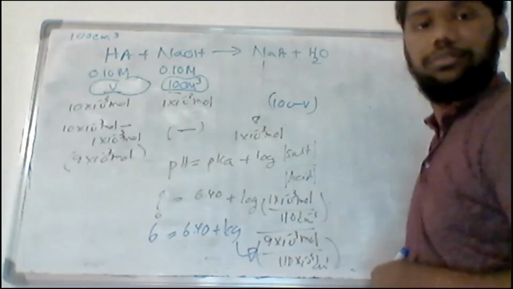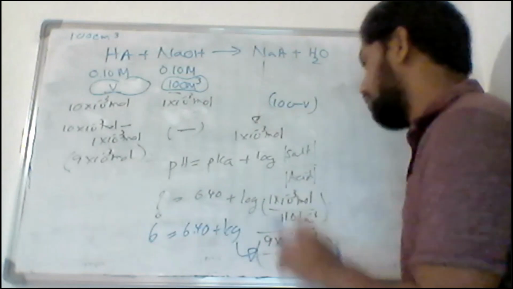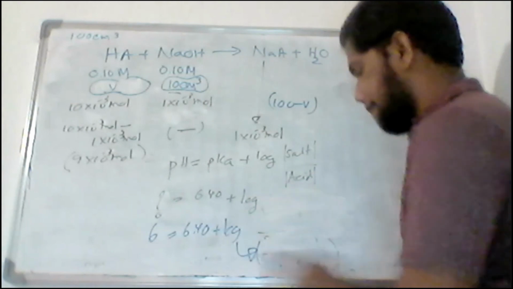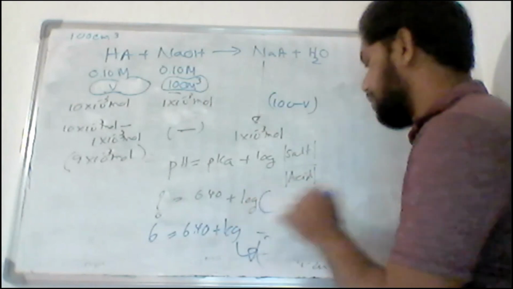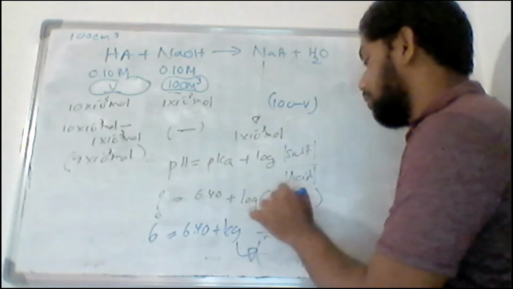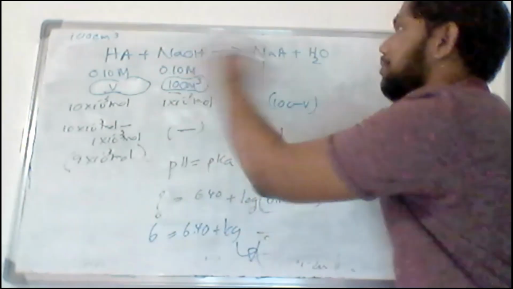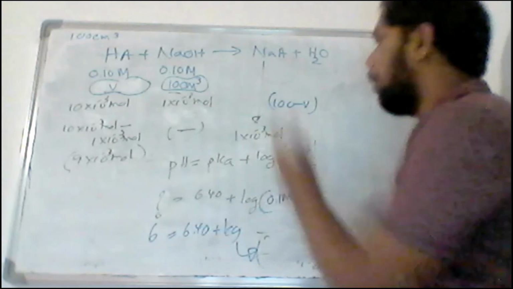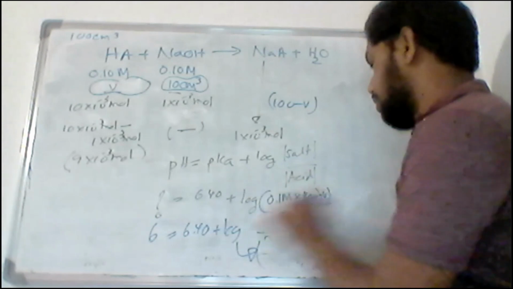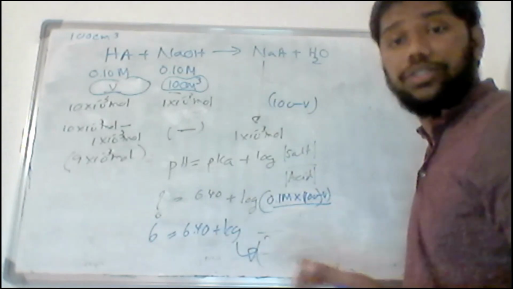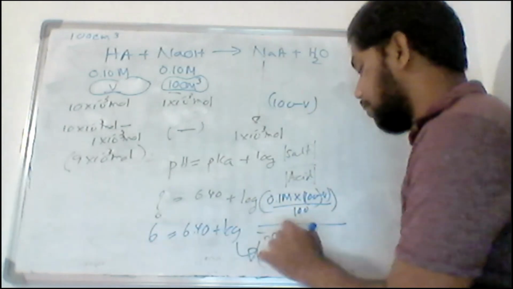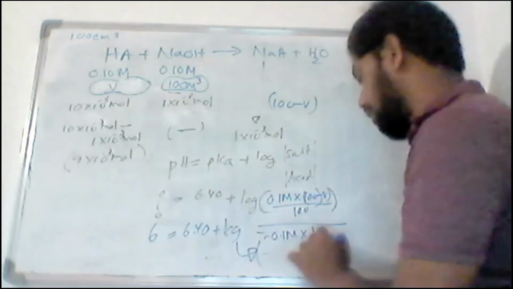Okay, so if I put that here, my salt concentration in this equation will be the concentration of the salt, which is still 0.1 M, because 0.1 M amount will be formed, or either you use NaA, which is 0.1 M, times 100 minus V, which is the amount of volume that is going to be put, and the total volume will be 100, over acid concentration, which is still 0.1 M, the volume of acid will be V over 100.